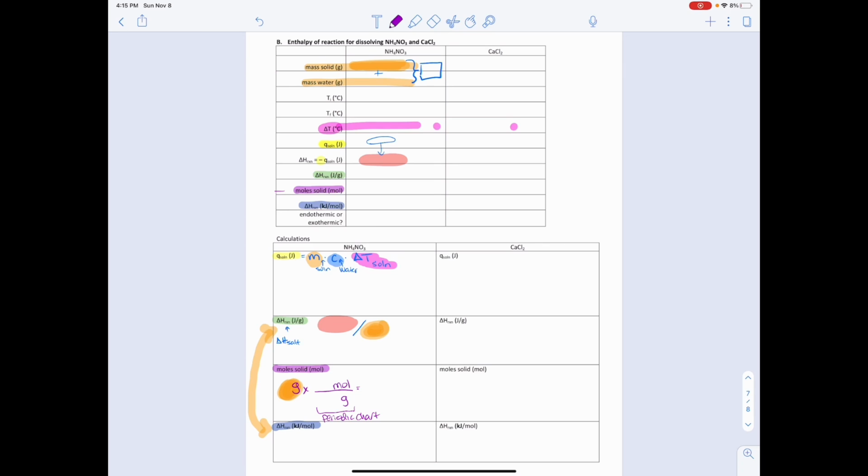And then lastly, you're going to take this number that's up here, and right now the number is in joules per gram. So you're going to take your joules and turn them into kilojoules, and you're going to take your grams and turn them into moles.